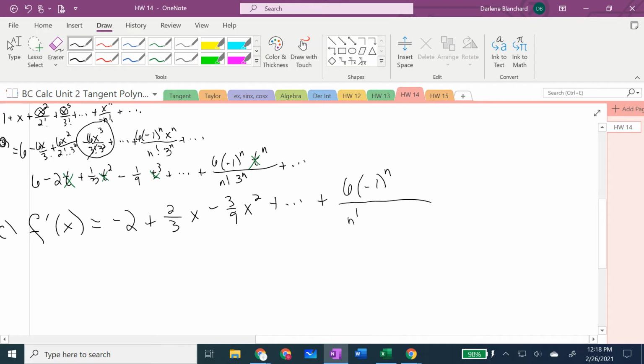And when I'm doing the derivative of the constant multiple, I write it down, and then derivative using the power rule, n x to the n minus 1.